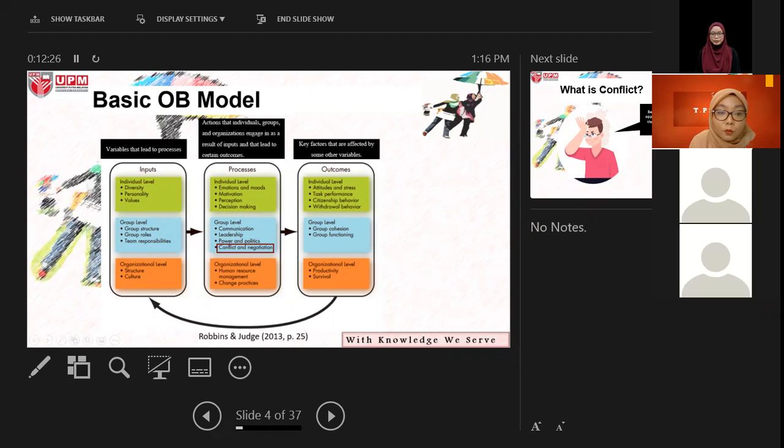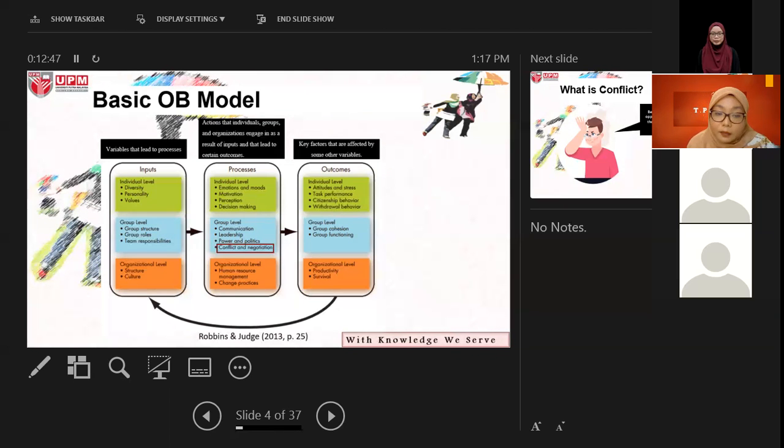And then at group level, we can see the group structure. There are some groups where there will be no leader, for example, because everybody is at the decision making position. Maksudnya tak ada ketua pun dalam kumpulan tu, in which any decision that you want to decide, then you make a discussion between groups, then you decide.